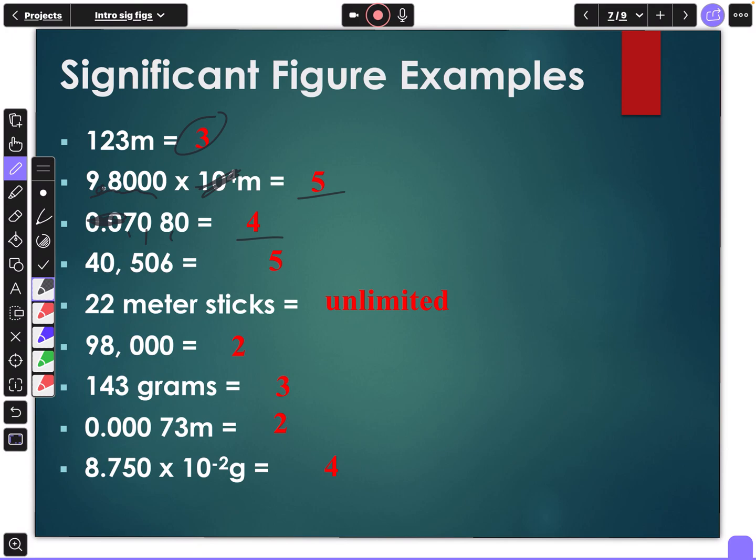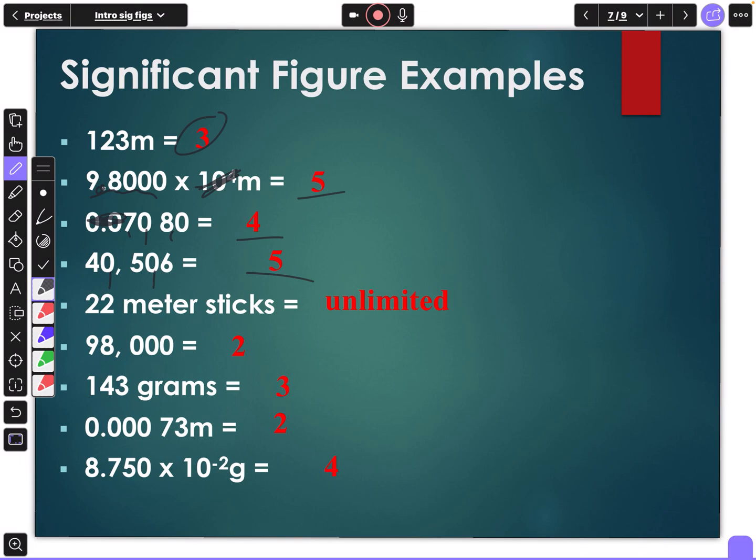Our next one there, 40,506. Well, look, this 0 is in between the 4 and 5, so it would be significant. This 0 is in between 5 and 6, so it would be significant also. So all of those numbers would be significant. In this case, it would be 5 significant figures.